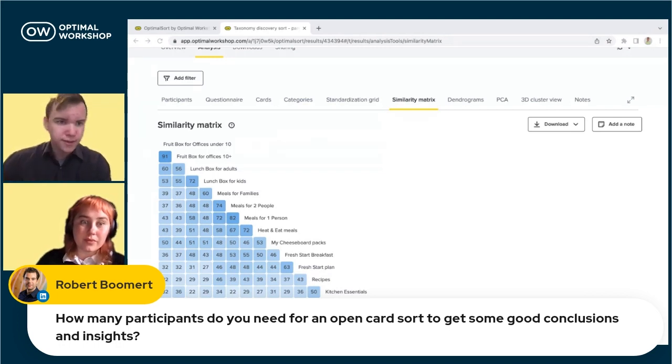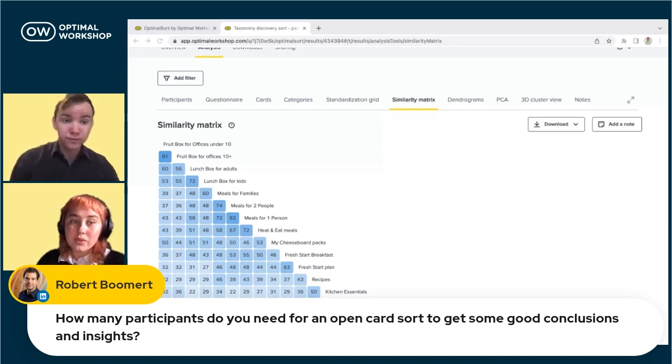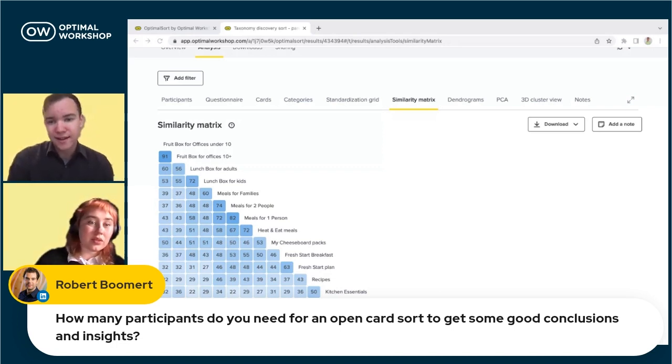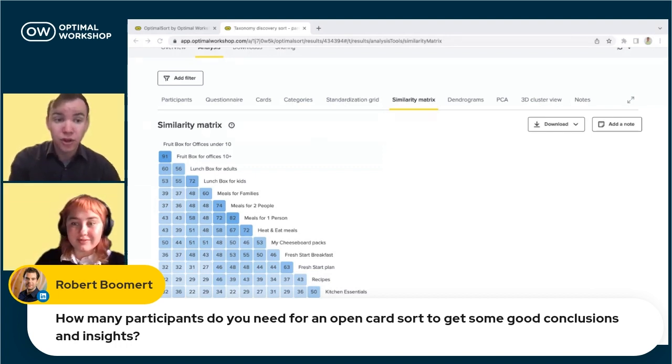So 30 to 50 can be a great sweet spot, particularly keeping in mind how you're sourcing your participants. Sometimes we see people send out card sorts to an email list. Sometimes we see people post the unique URL on social media. There's a lot of ways to get people to take your study, but starting at about that 30 to 50 mark is a good spot.